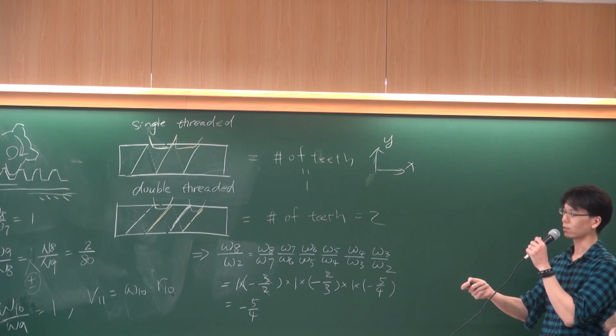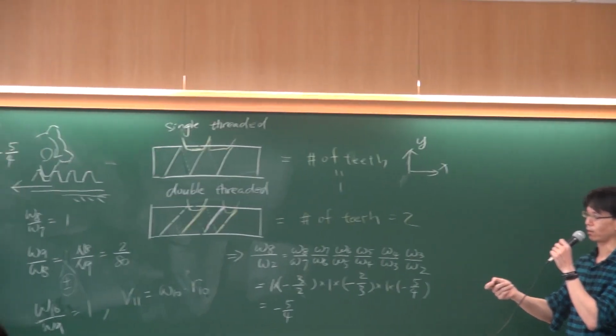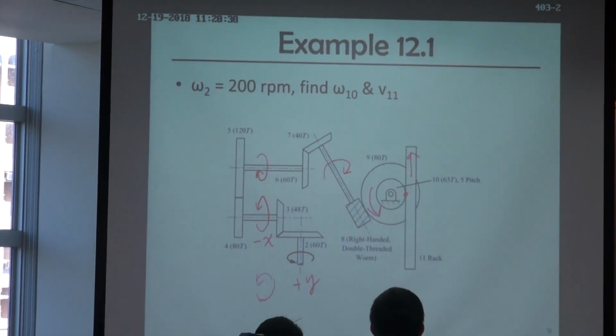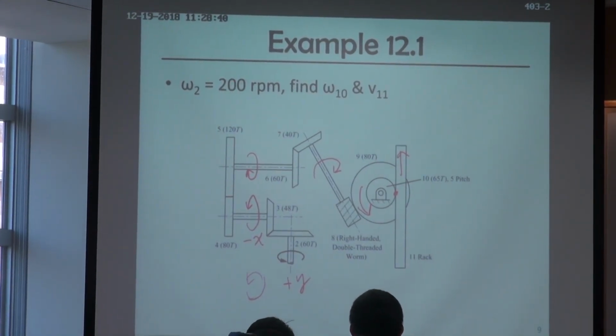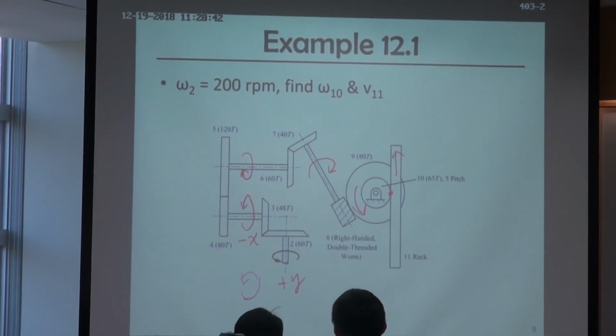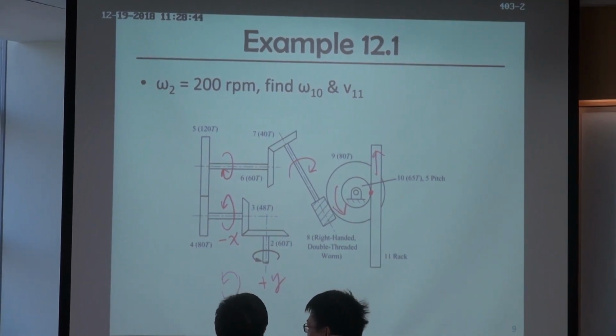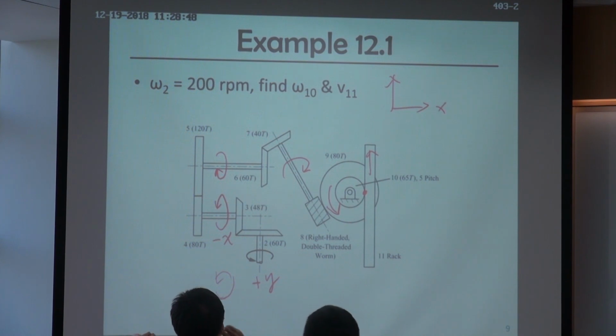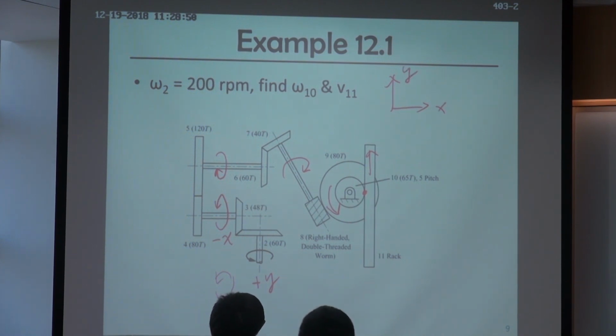So right now, I try to find the relationship between omega 8 and omega 2. Because this axis keeps changing, sometimes in the x direction, sometimes in the y direction, I determine this one as positive x, this one as positive y.